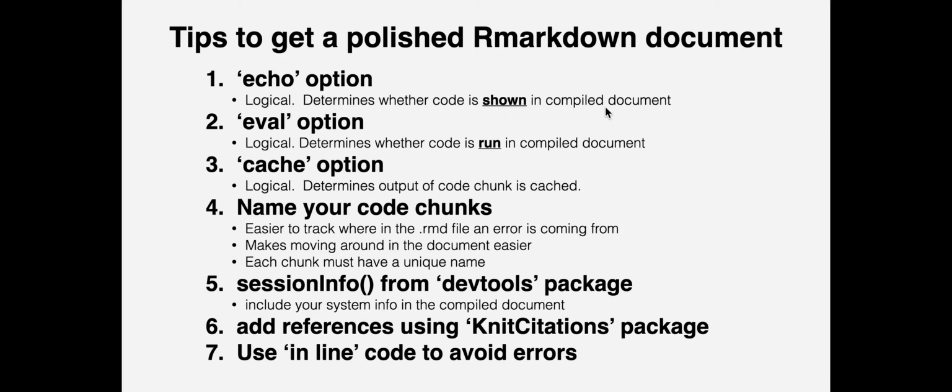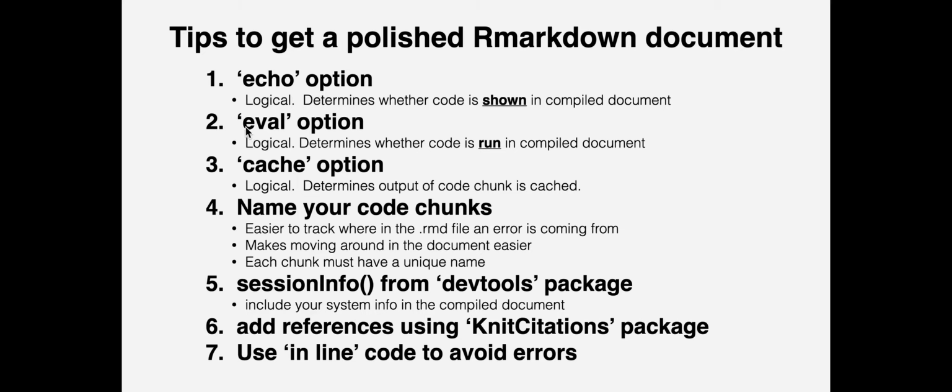You can imagine there are probably examples of code that may not be useful to show in the final document. Maybe the code is needed for the analysis to actually run properly and produce the final document, but it's not code you want to show. In that case, echo simply hides that code. It's still run, but it's not printed into the final document.